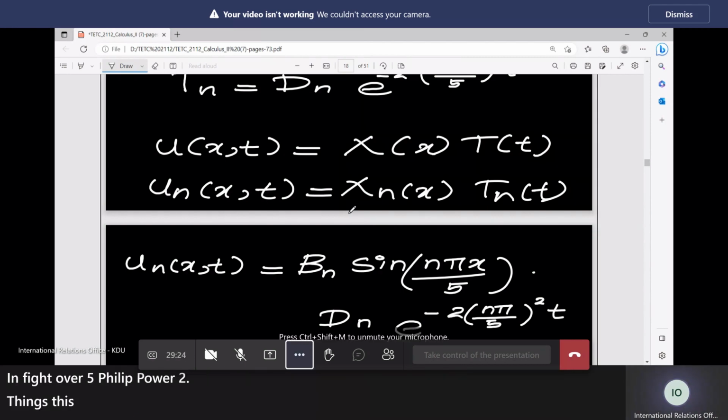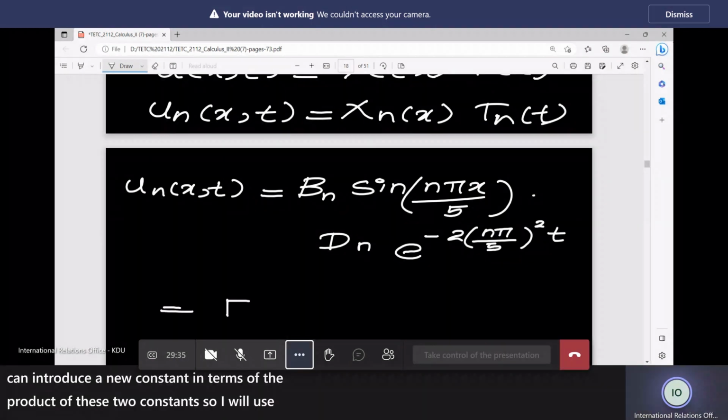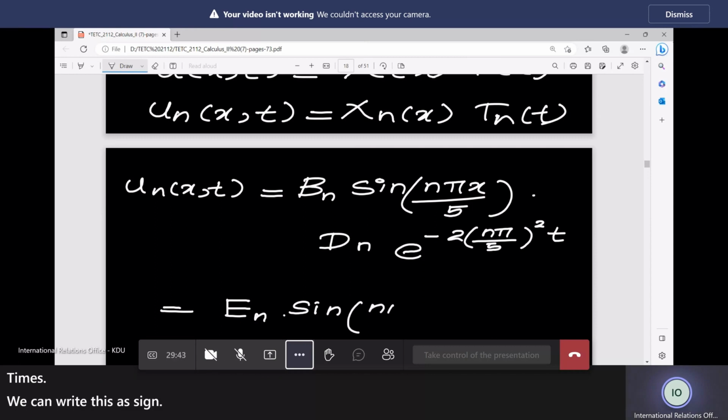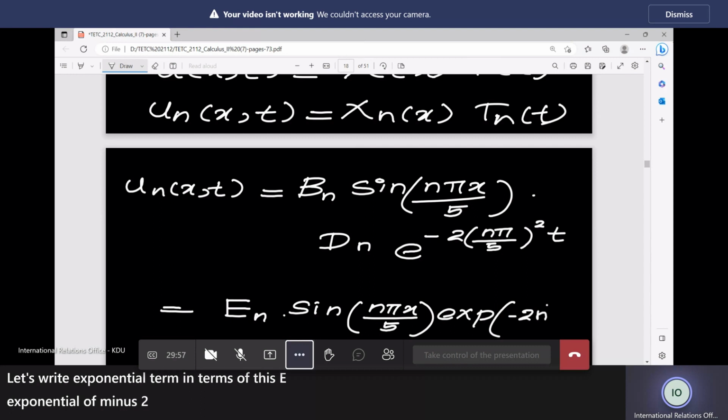Since bn and dn are both constants, we can introduce a new constant as the product of these two constants. I will use capital En times sin n phi x over 5, times the exponential of minus 2 n squared phi squared over 25 t.